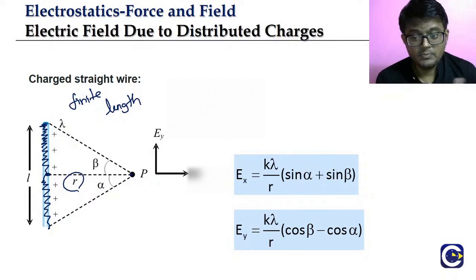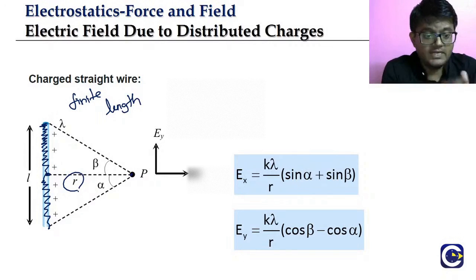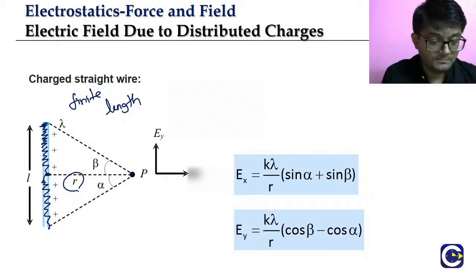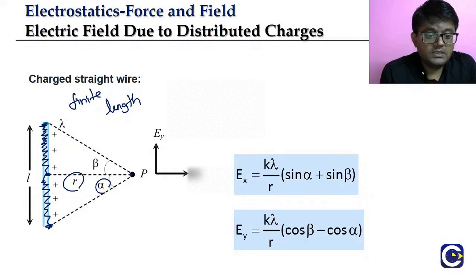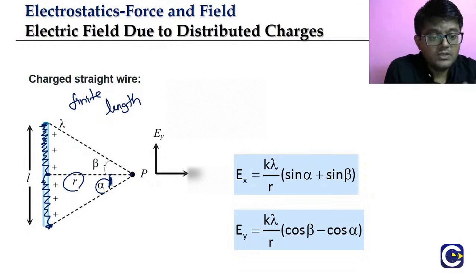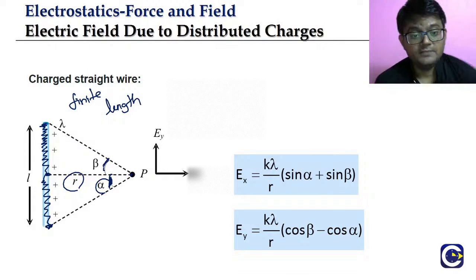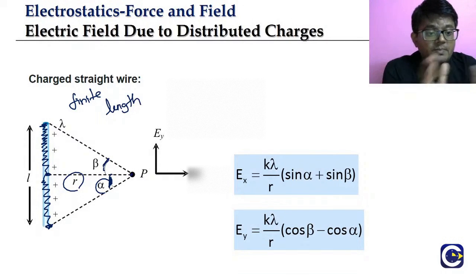The point P is a distance R from the wire. ஒரு end ல the P is making an angle alpha. இது alpha. இங்கொரு end ல it is making an angle beta. ஓகே, so அப்படி ஒரு arrangement இருக்கா.